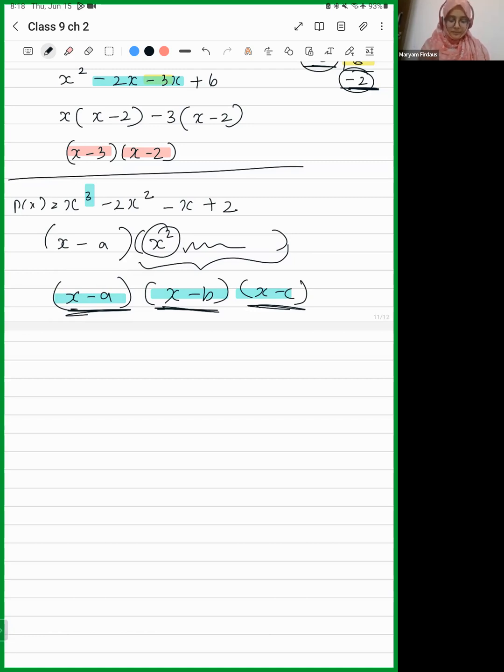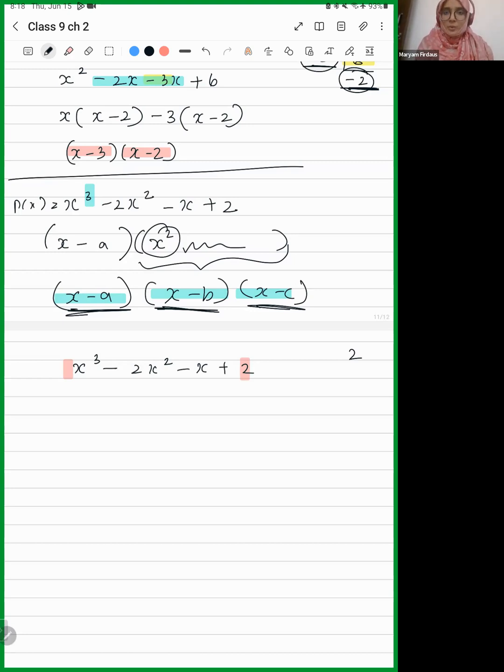Yes, ma'am. So what we do here is we multiply the coefficient of x cube and the constant term. When we multiply it, what do we get? Two. So we take 2 and we take all the possible factors of 2.